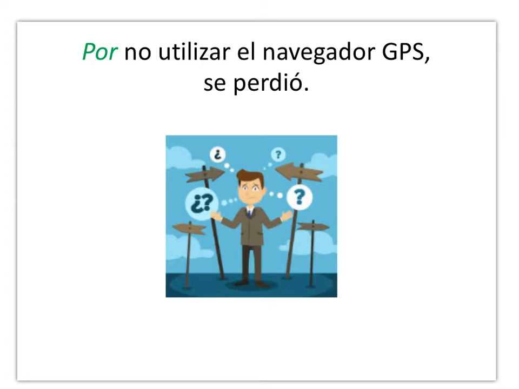When I can rearrange the word order of this sentence and change por to porque, a phrase we're very familiar with, I simply have to conjugate utilizar to utilizó because we know que connects two subjects and two verbs, so does porque. Porque is another connector. So that's all we're doing here.